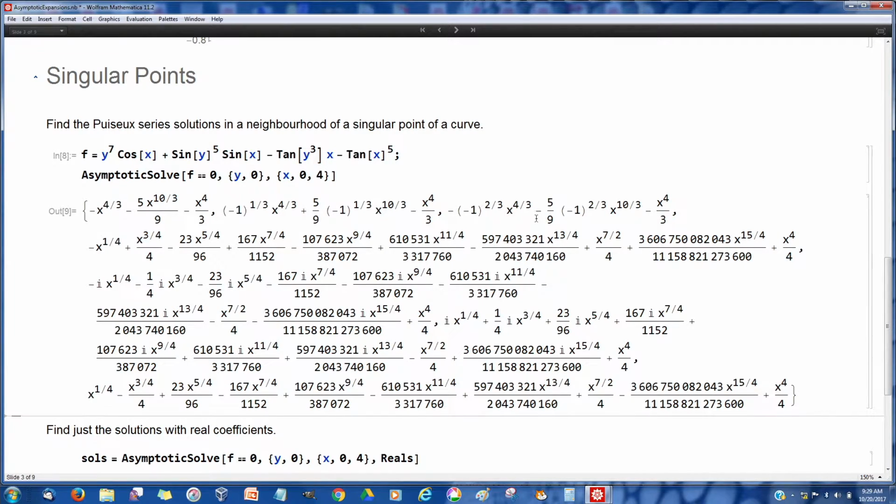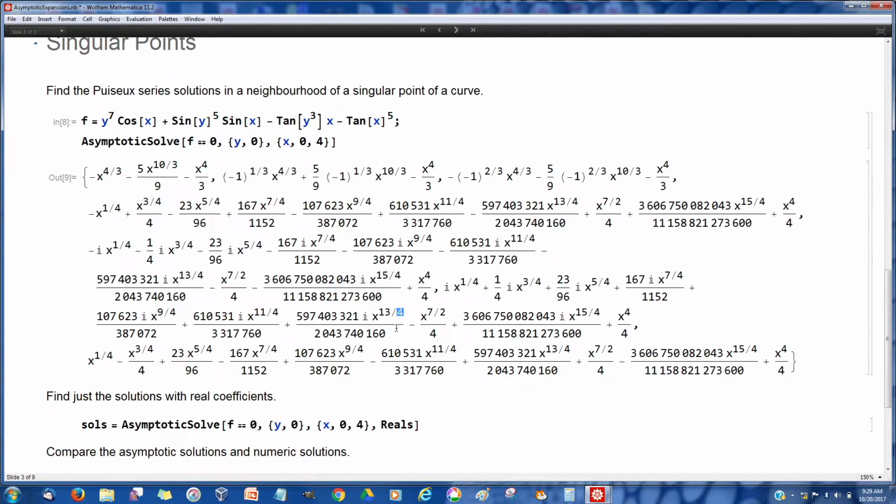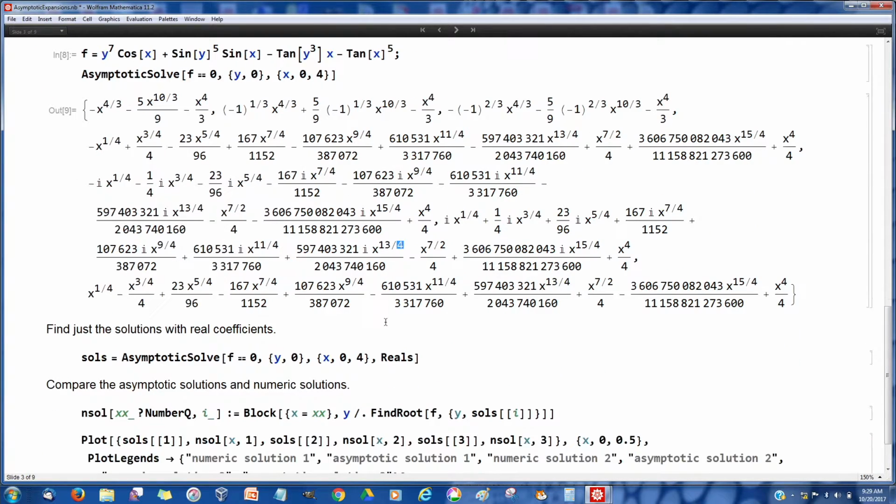We got three solutions with powers with denominator 3, and 4 solutions with powers with denominator 4. So you get 7 solutions, and they are Puiseux series. But they are still nice series. They are convergent series near the point x0, y0, in this case 0.